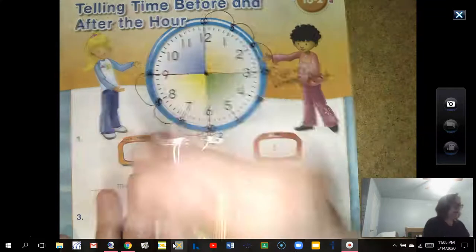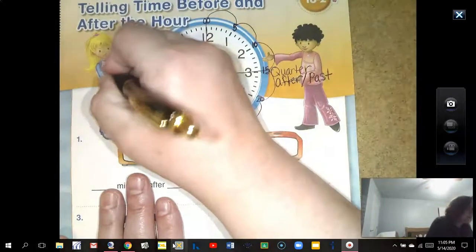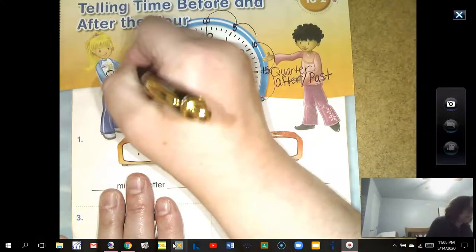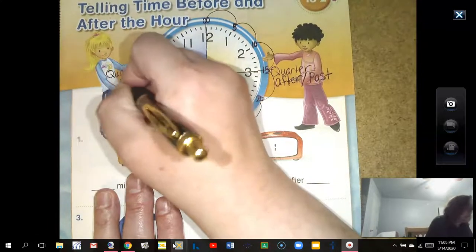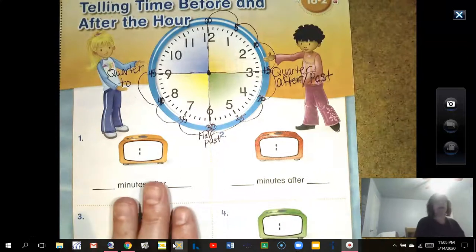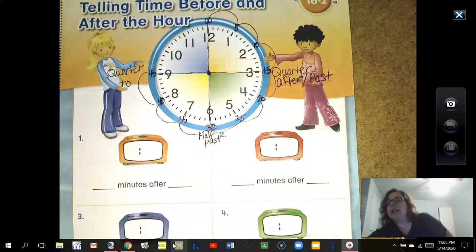So it would be quarter to whatever that number is. Like if it's going to be 8 o'clock, and I'm going to see if I can make this darker for you guys.